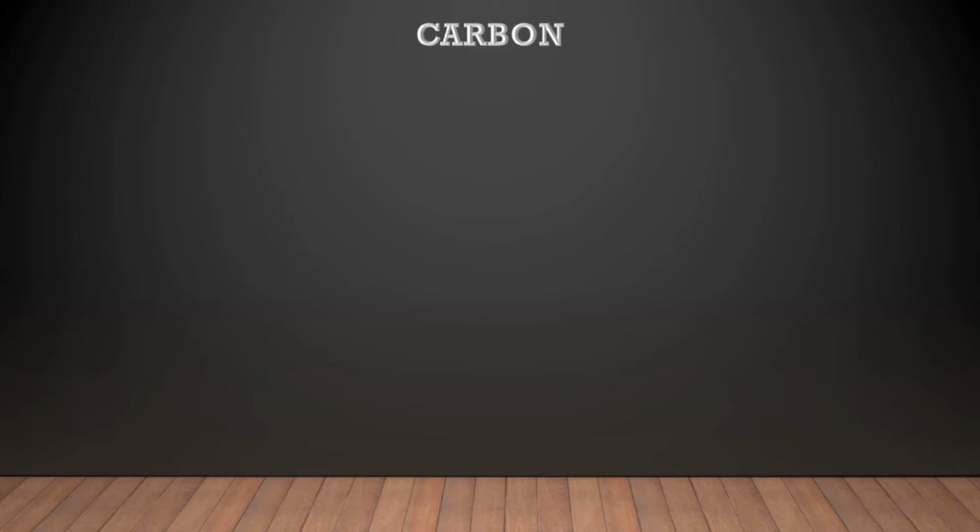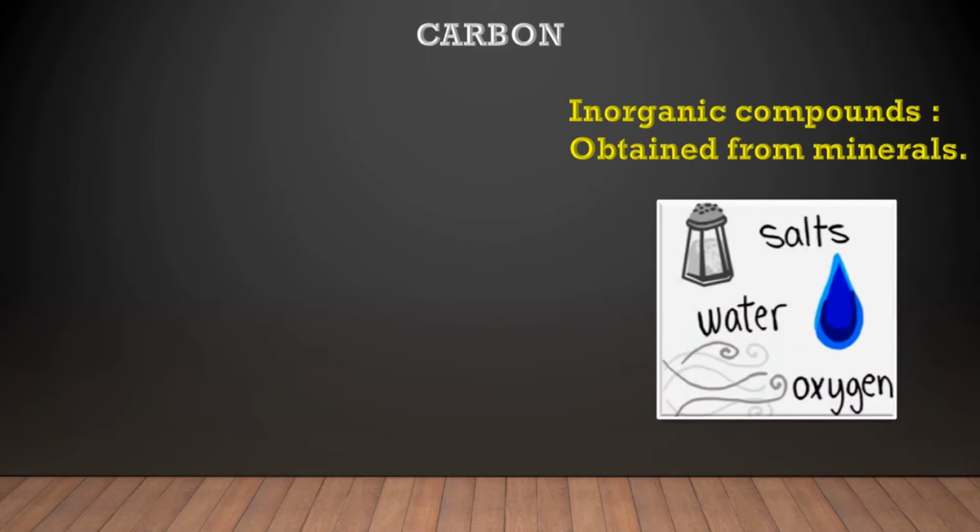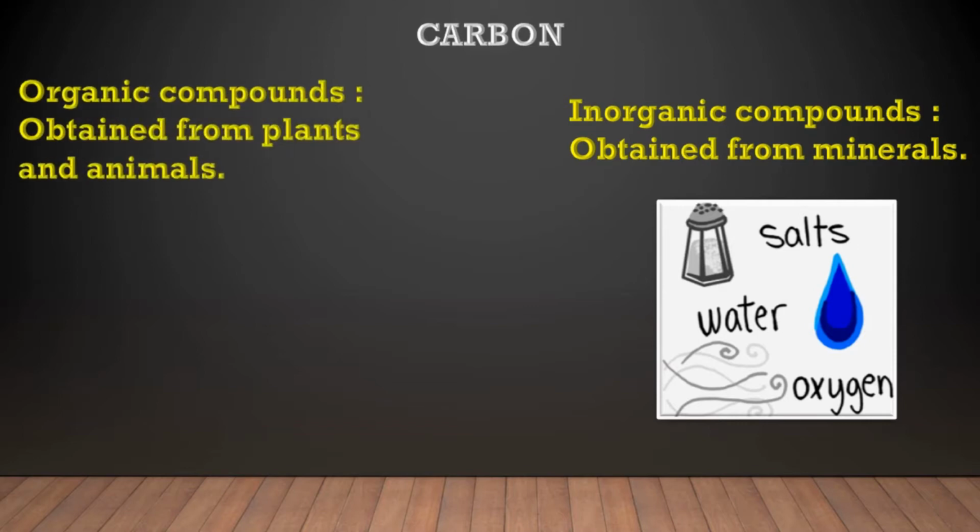We have studied compounds in previous standards. Some compounds that we obtain from minerals are called inorganic compounds, for example, salt, water, oxygen, etc. And the compounds that we obtain from plants and animals directly or indirectly are called organic compounds.